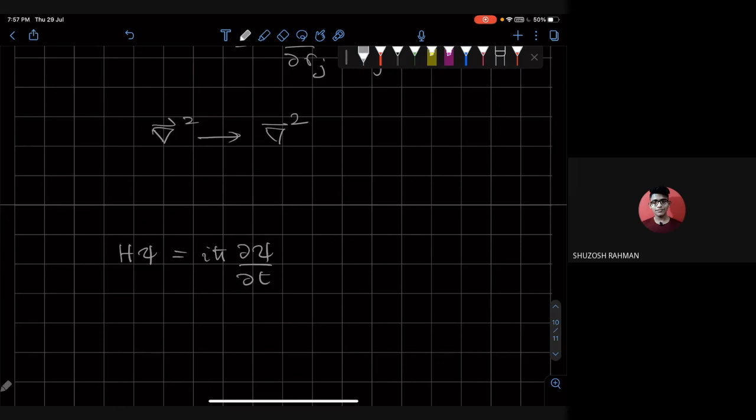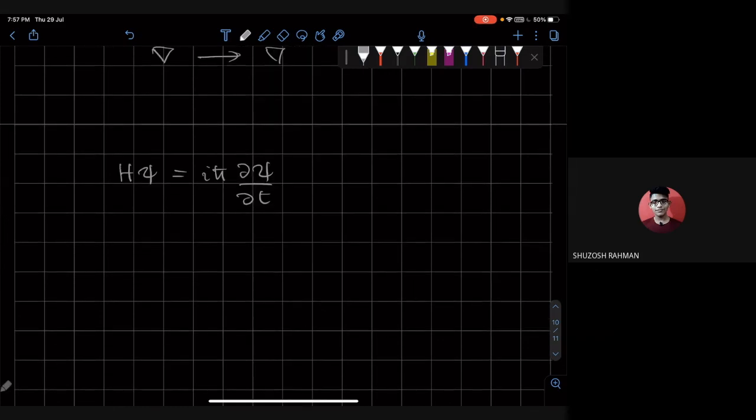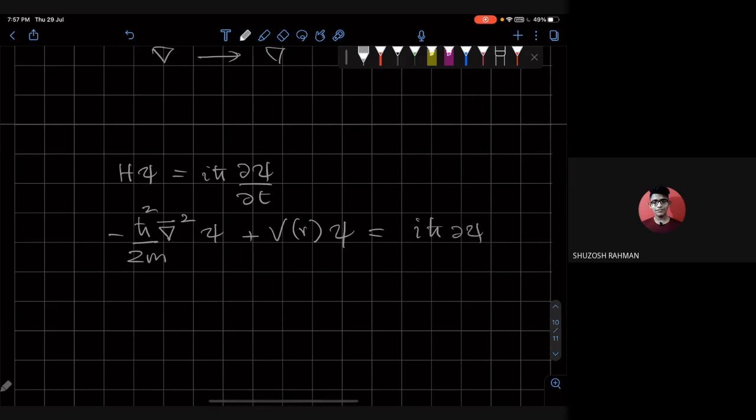Okay, so this equation in our coordinate system, in the position representation, is minus h bar squared by 2m del squared acting on psi plus V. Now, this is dependent only on r because we're assuming spherical symmetry. And this equals i h bar del psi by del t.